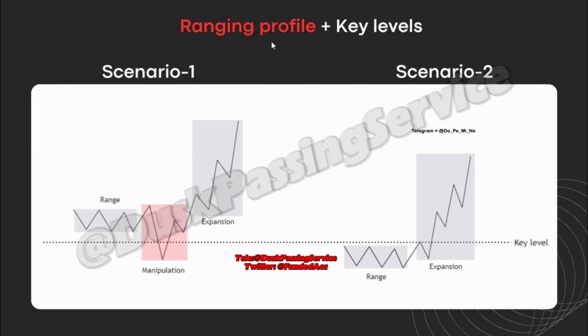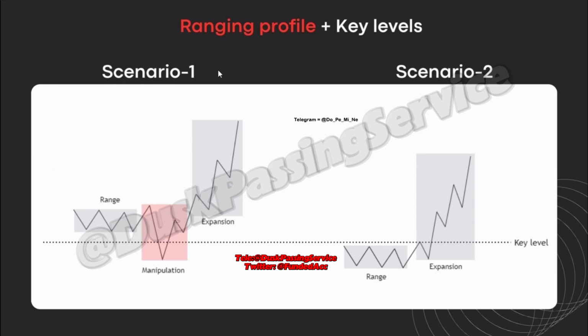Now, the first combination we've got here is the combination of ranging market profile and key levels, right? What you need to keep in mind is that this line right here represents key levels on the higher time frame, okay? So whenever you see this dotted line right here, it would represent a key level on the higher time frame.